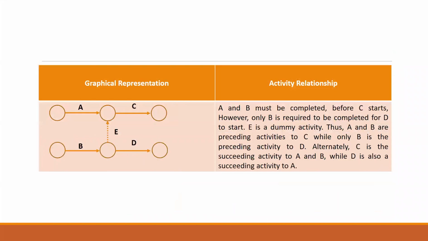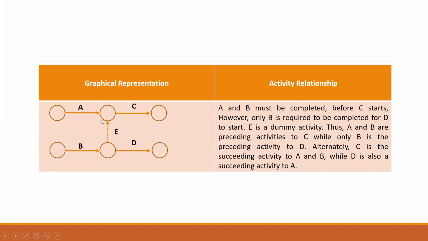This one. So here we have A and B must be complete before C starts. If I have this like this, and here you can see E is your dotted arrow. This is my dummy activity. Okay. Now, why do we require it? I could have put the arrow from here to here directly.